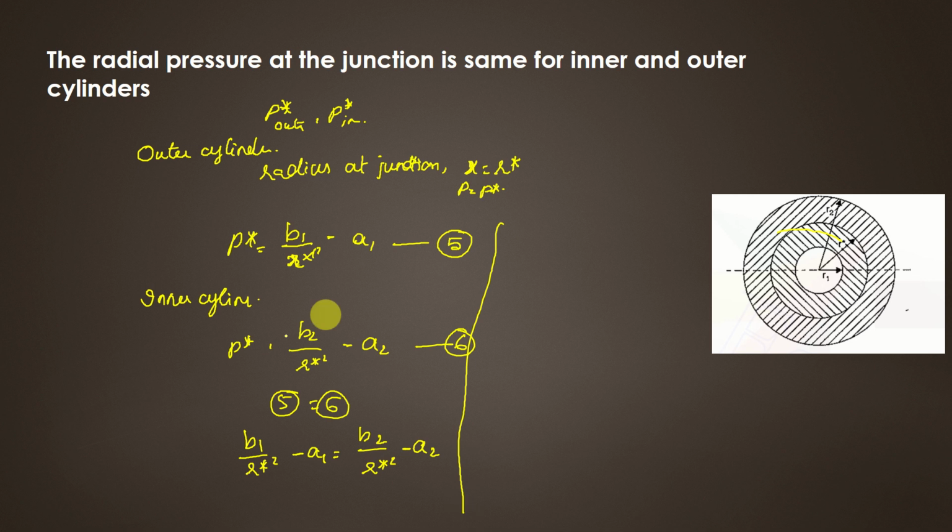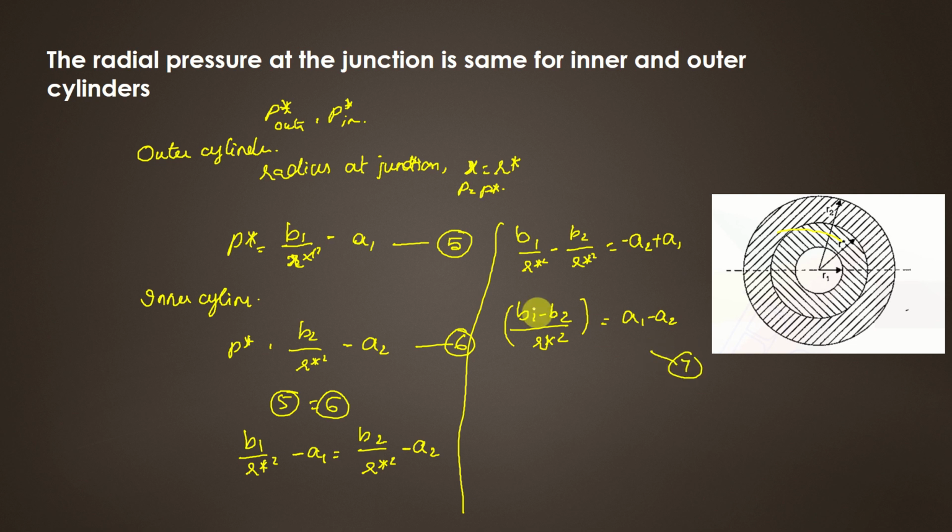So b2 by r star square is equal to a2 minus a2 plus a1. In the next step I will write it as b1 minus b2, having the same denominator r star square, is equal to a1 minus a2. Take it as equation number 7. This is very important to remember.